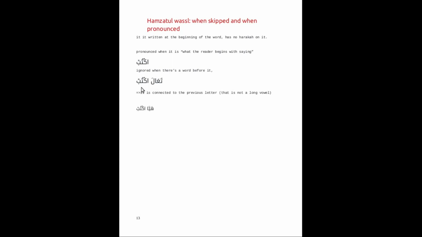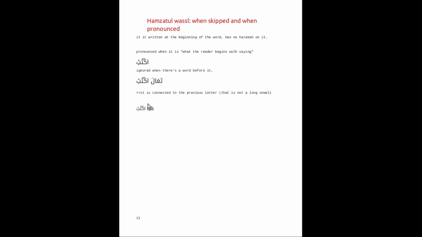Because I did not begin my speech with this word, I ignored this and linked these two together. And so it is connected to the previous letter that is not a long vowel. So we have an exception here. If you see, for example, this hamzatul wasl here, and this letter before it, you will say to me, we did not begin our speech with this letter, so we're going to link this letter with this letter.